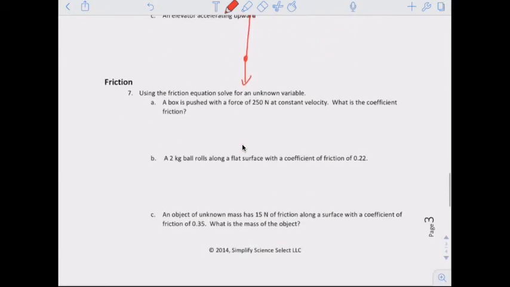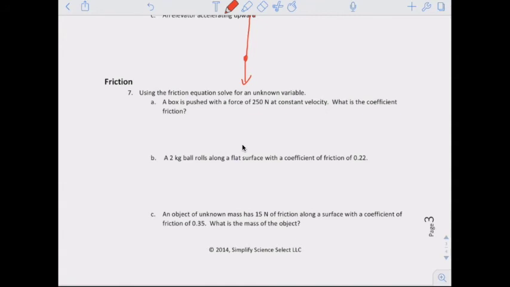Looking at friction, it says use the friction equation. So our force due to friction will equal our normal force times the coefficient of friction. On our first one, it says a box is pushed with a force of 200 newtons at a constant velocity. What is the coefficient of friction? That means that 200 newtons is the force due to friction, and we're going to say that it's a 10 newton box.